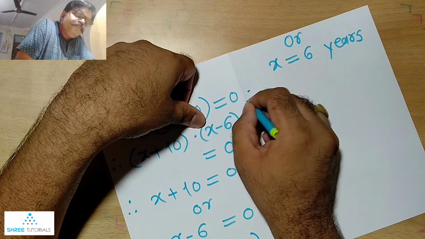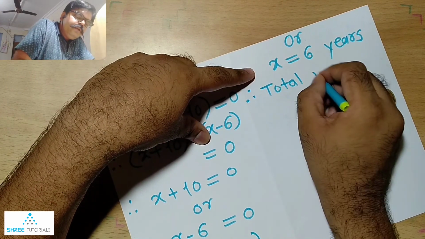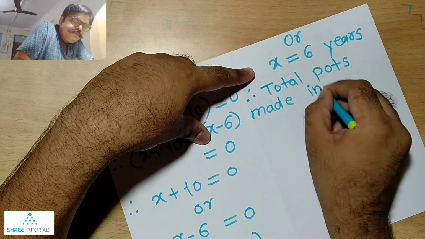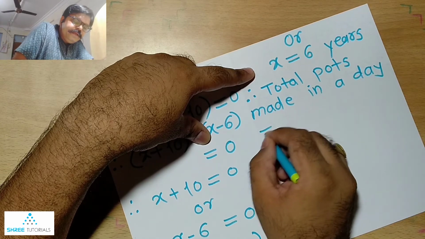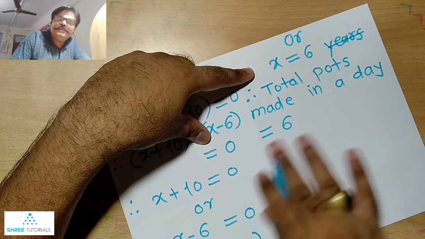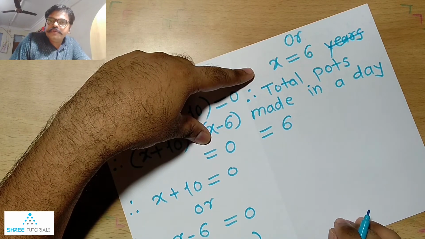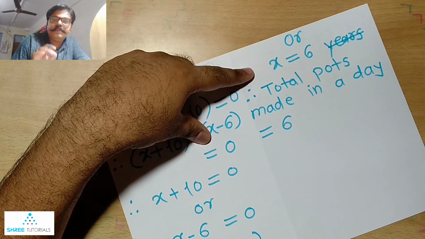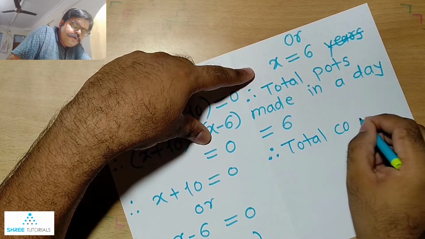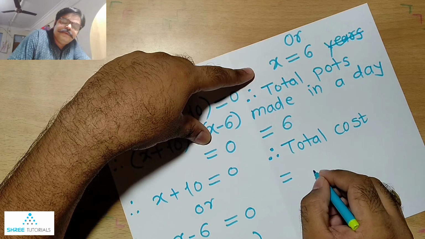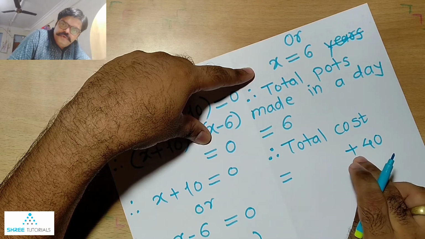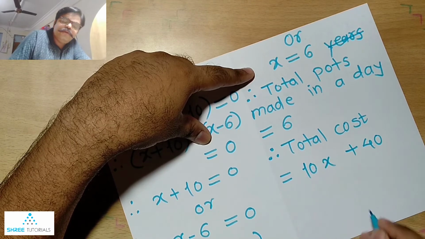Therefore, the total pots made in a day must be equal to 6. That I will have to write in here. Okay, so if this is the total number of pots, now we can also calculate the production cost of each pot. Therefore, the cost must be equal to, please note, what was given by 40 more than 10 times x.